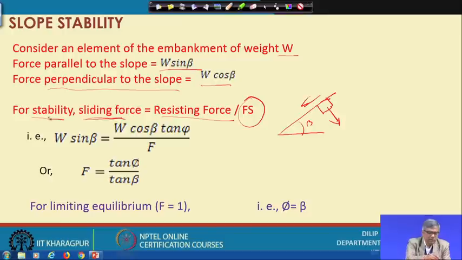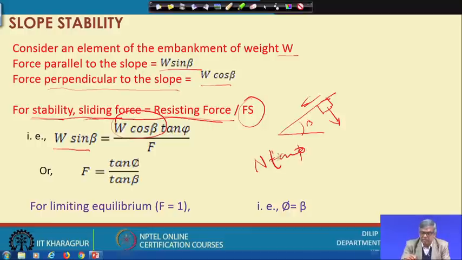So if I take this definition of the stability equation, you get W sin beta equal to W cos beta tan phi divided by F, because the resisting force is the frictional force. W cos beta is the normal force, N, and N tan phi is the frictional resisting force.